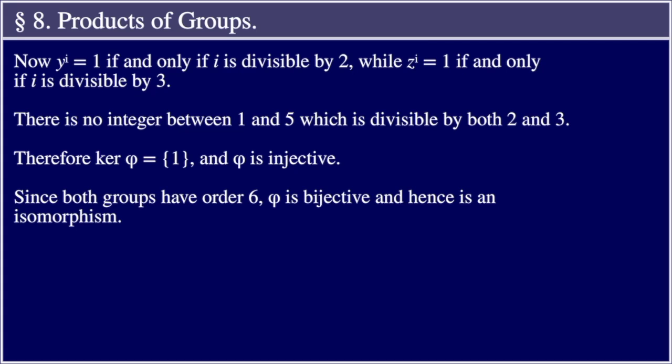Now, y^i = 1 if and only if i is divisible by 2, while z^i = 1 if and only if i is divisible by 3. There is no integer between 1 and 5 which is divisible by both 2 and 3. Therefore, the kernel of φ is the identity set, and φ is injective. Since both groups have order 6, φ is bijective and hence is an isomorphism.